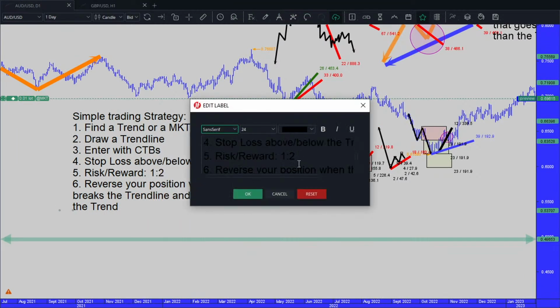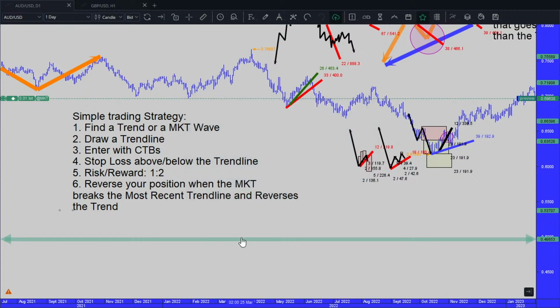So number 6 is the problem. Reverse your position when the market breaks the most recent trend line and reverses the trend. Better like this, everybody? Winner, exactly.